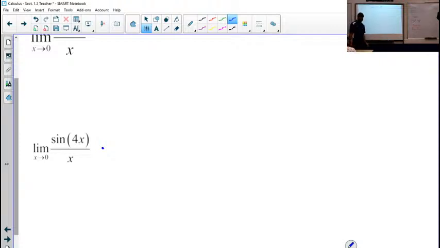We either want to turn this into a sine of x over x, so get rid of the 4x somehow on the inside of the sine, or we can take this and turn it into sine of 4x over 4x. Since it's a lot harder to bring something outside of the sine function, we'd need some double angle stuff and our trig identities. Or we can get a 4x on the bottom.